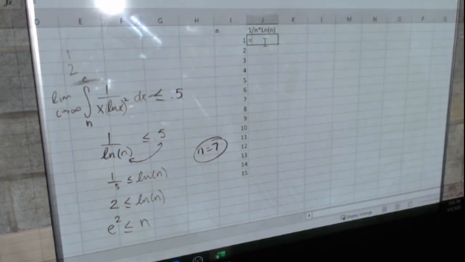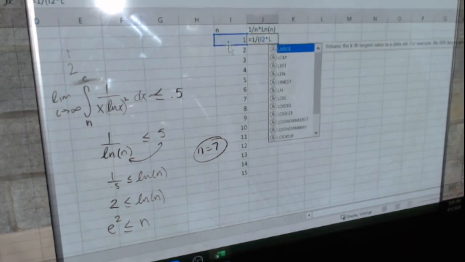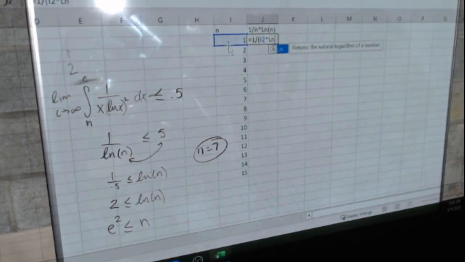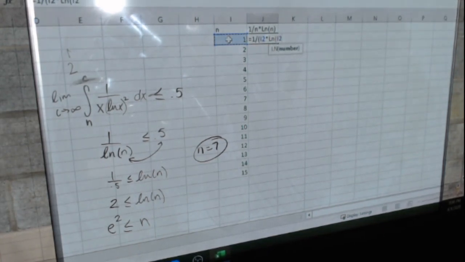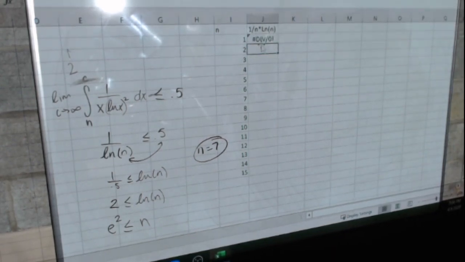So this equals 1 divided by, in parentheses, this number times ln of this number. Now see, that's why we couldn't start at 1 before, because it's not within the domain.